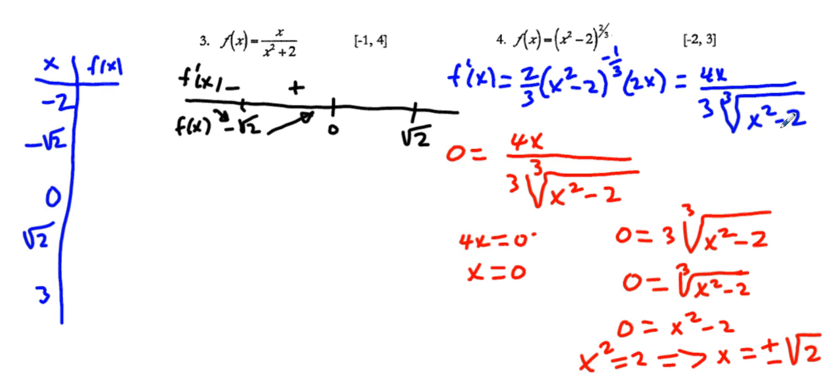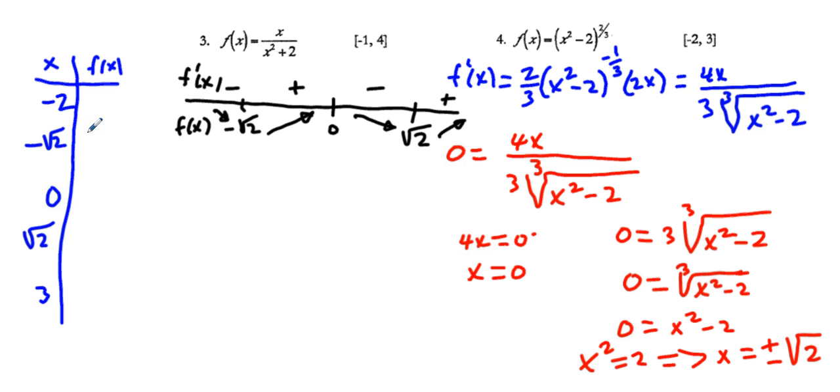Well, that's going to be positive, and 1 squared minus 2, well, that's going to be 1 minus 2 cubed here. That is negative. And then on the right of square root of 2, let's say at 2, well, that's going to be positive, and 4 minus 2 is positive, so that's positive. So this is what it looks like.